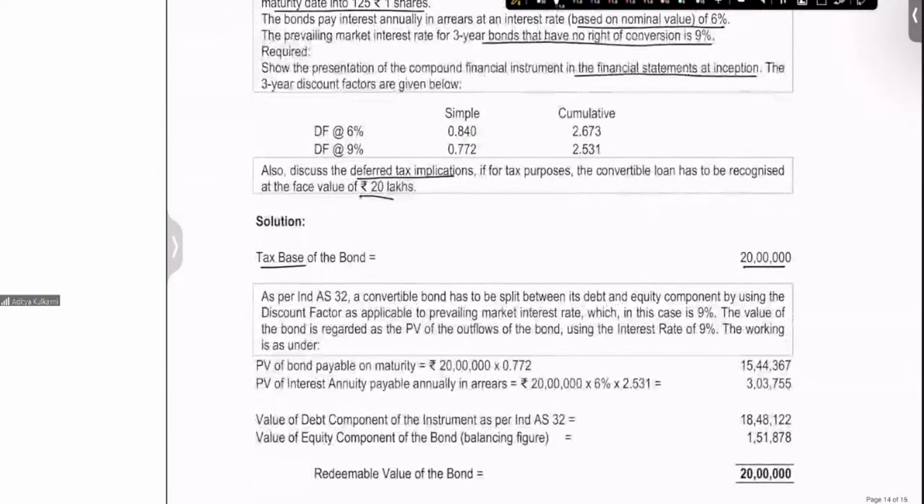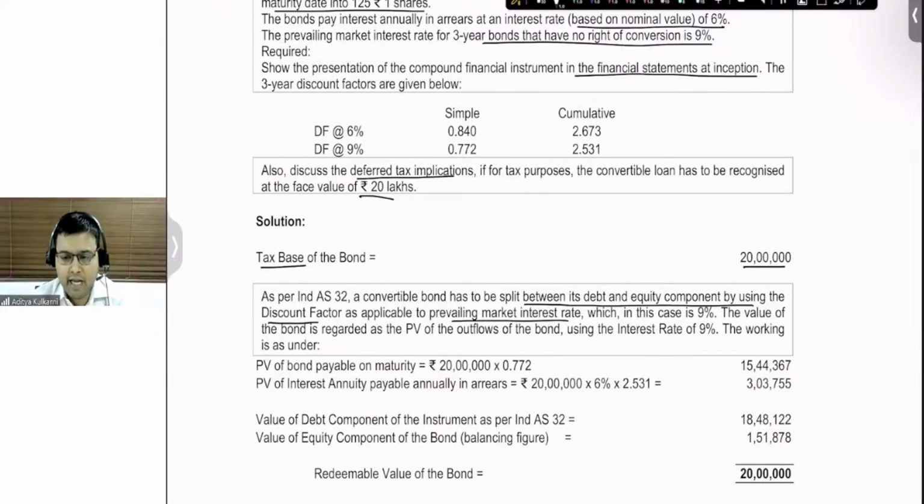Coming to Ind AS 32, we will have to split it between the debt and equity component. Are you with me? By using the discount factor as applicable to the prevailing market interest rate, which in this case is 9%. So value of the bond is regarded as the PV of the outflows of the bond using the interest rate of 9%.